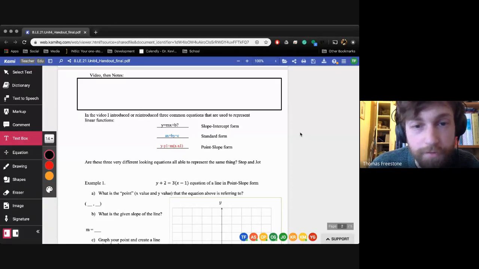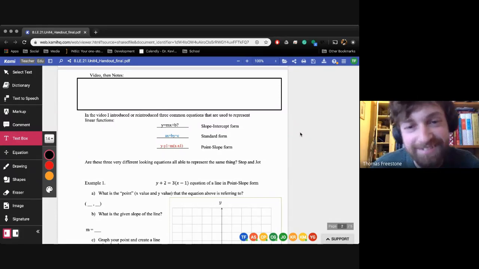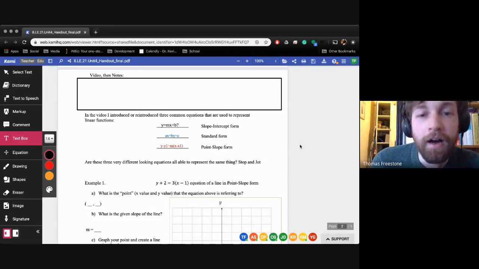Yep, that's right. Y equals mx plus b. That is slope-intercept form. So, no need for the question mark. So, these are the three different equations that we can use to write the equation of a line.